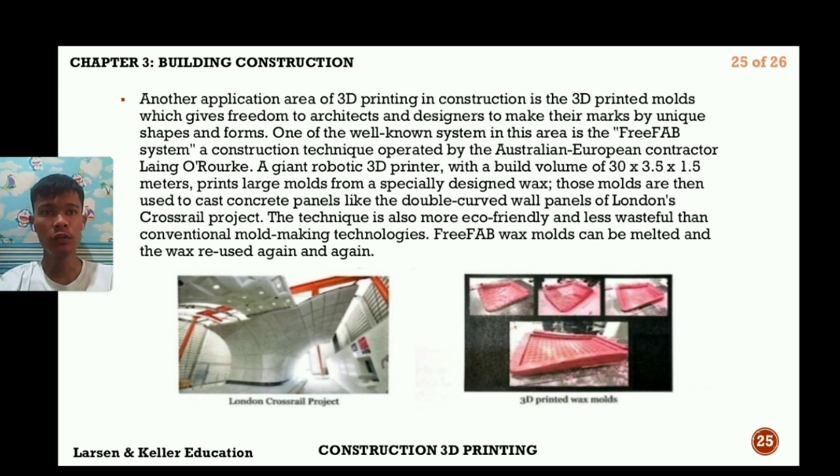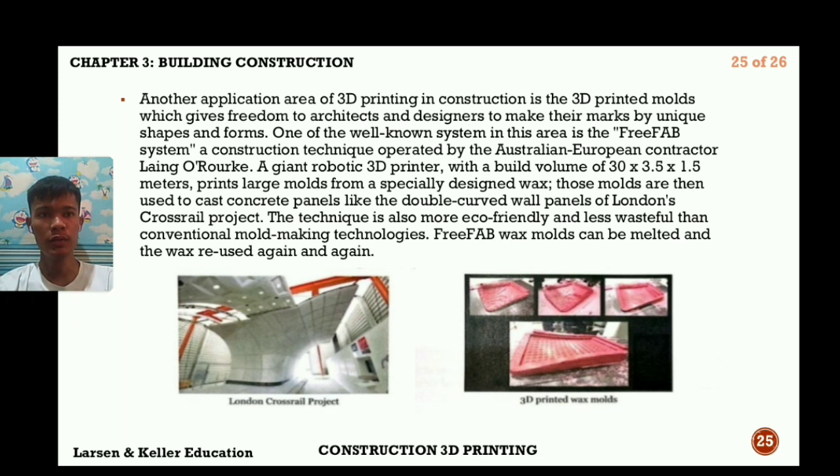Another application of 3D printing in construction is 3D printed molds, which gives freedom to architects and designers to make their marks with unique shapes and forms. One of the well-known systems in this area is the Freefab system, a construction technique operated by Australian European contractor Laing O'Rourke, a giant robotic 3D printer with a build volume of 30 by 3.5 by 1.5 meters.